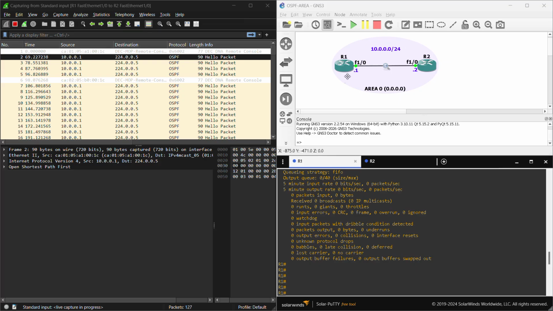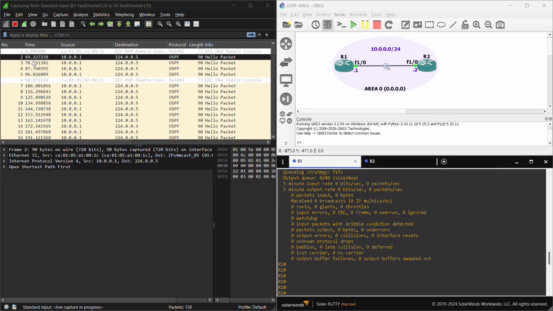So this is the topology that we are using, and we are going to understand the Hello packet with the help of Wireshark. The very first thing to note is the time interval: it is roughly 10 seconds. It is sending the packet every 10 seconds, as you can see.